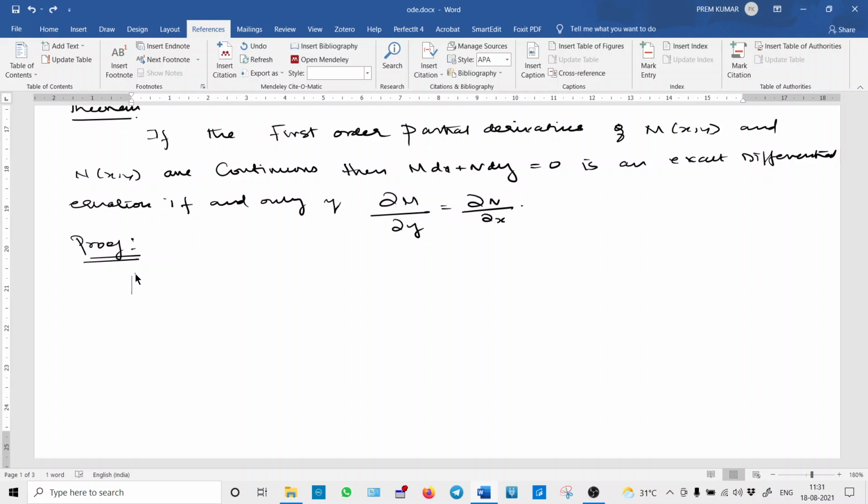Now there are two parts in the proof of the theorem.